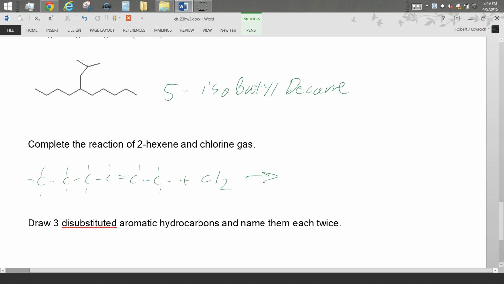So if I had a cis or a trans, can you tell me why it doesn't matter? Once the double bond's broken, it's single bonds and it can all rotate. Yeah. So either way, a cis or a trans, that double bond is breaking. And once it's broken, the whole cis or trans thing is out the window. We good with that?